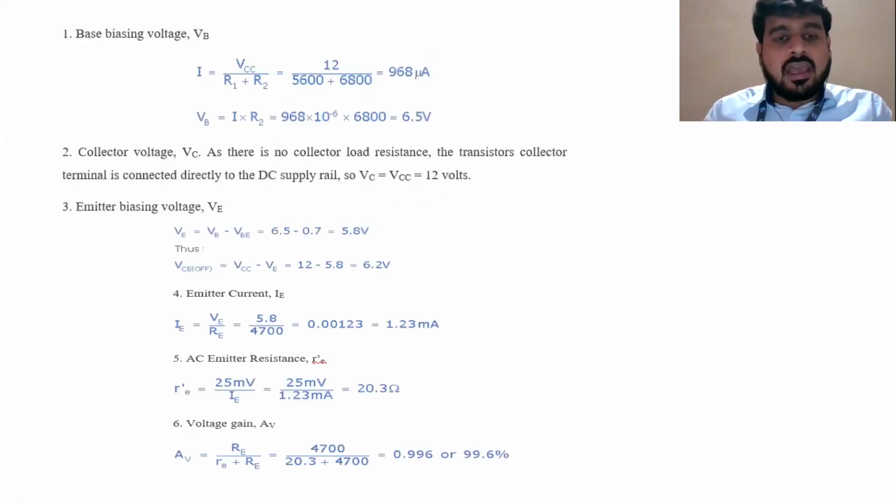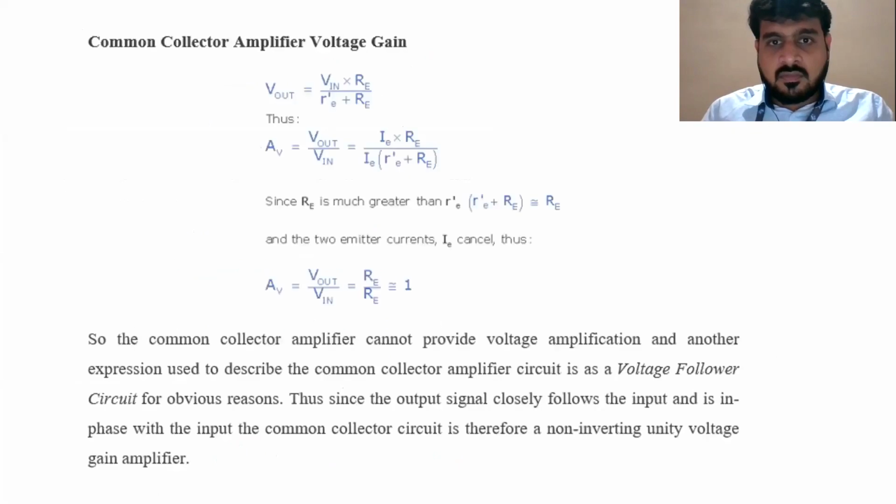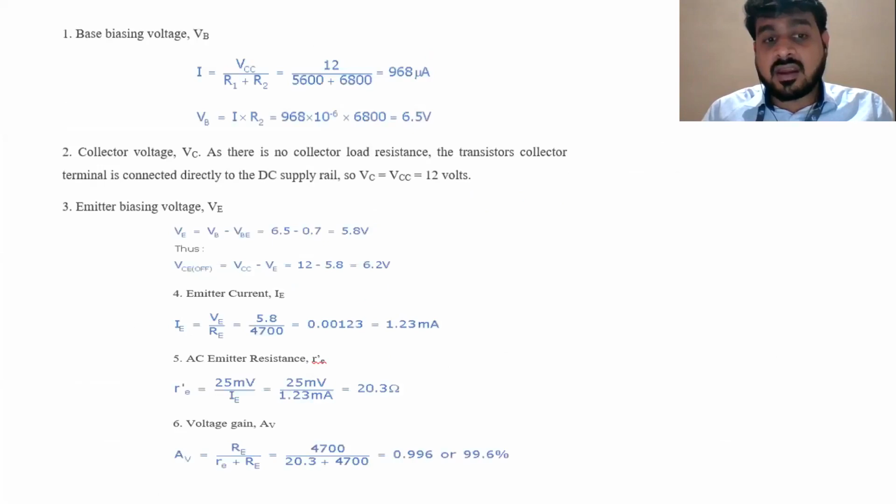Sir, small RE dash means internal resistance. Internal resistance, but with respect to which signal? AC signal, sir. So small IE also, small E symbolizes AC current, which we are not finding, correct? Yes, sir. So that's why for gain I used something which I already have, the emitter resistance and then the AC resistance.